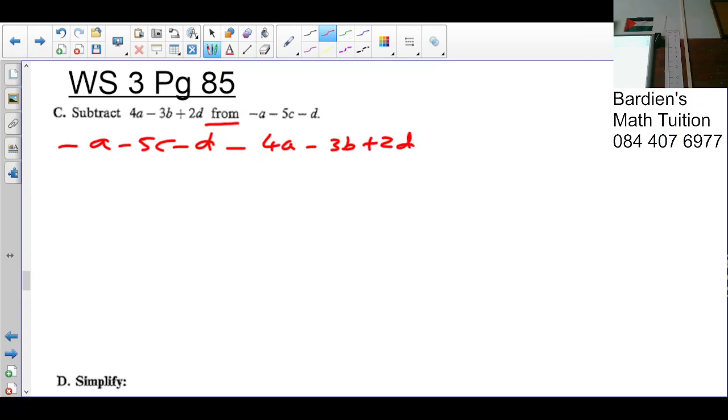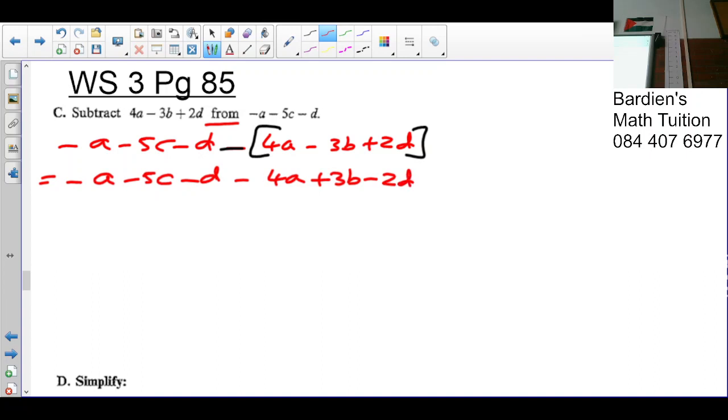Is that correct? Why must there be a bracket? More than one term following a negative sign. You all agree with that? Which now gives us negative a minus 5c minus d minus 4a plus 3b minus 2d.